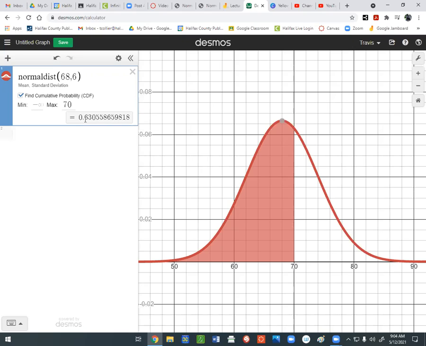And then my answer is going to be at the bottom of the box. So less than 70. That means that you're looking at 70 on the x-axis and you're going less than that. So how much area is shaded? About 63%. So let's write that as a decimal first.